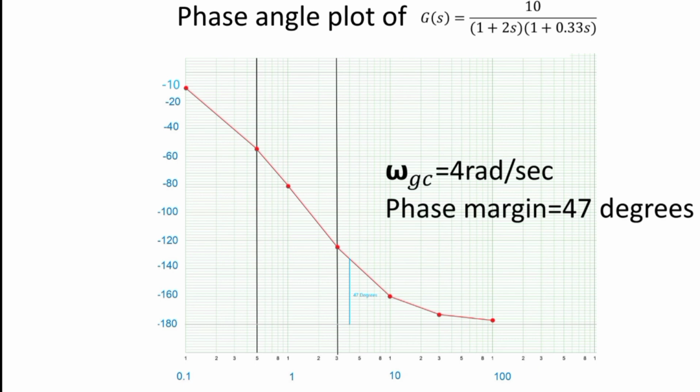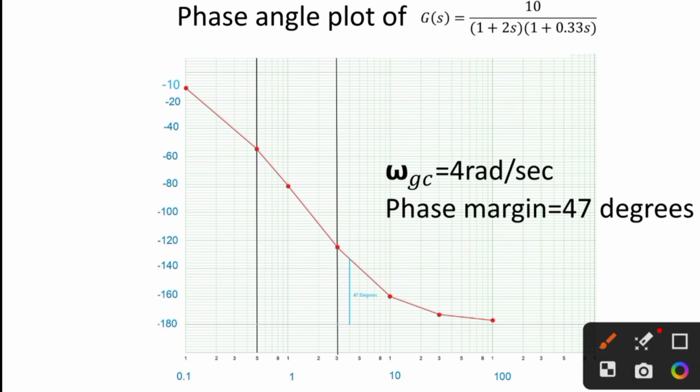From the tabular column of phase angle, we have to mark the coordinates: at 0.1 the phase angle is minus 11.4, and at omega equal to 0.5 the coordinate is minus 54.54.